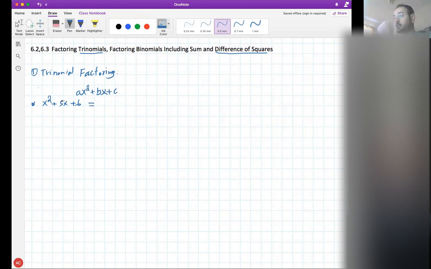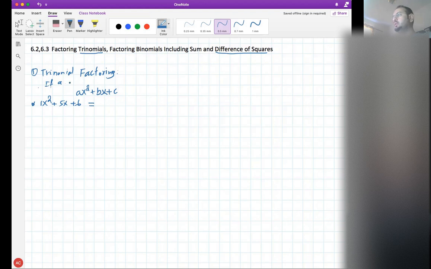And the way it works is simple. First, if you have a trinomial of second degree and the coefficient here is an invisible one, so if a here is 1, as you can see, there's an invisible 1 here.